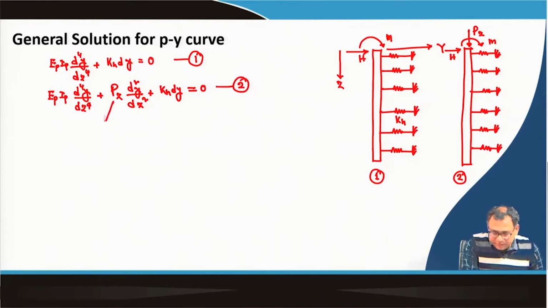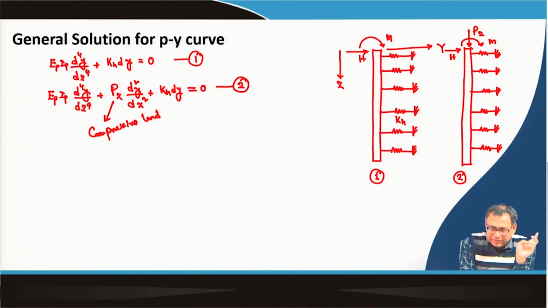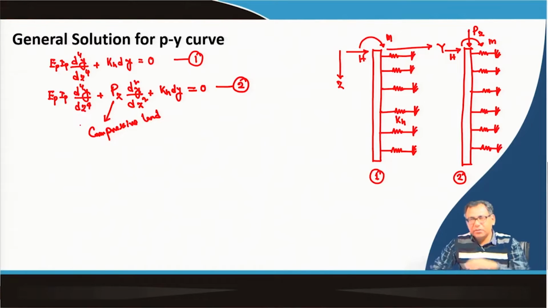Here P z is the compressive load, which is acting on the pile along with the lateral or horizontal load H. This second one is a more generalized equation, because the effect of compressive load is also included, and if you put minus P z, it will be tension under uplift. But here we are talking about compression.